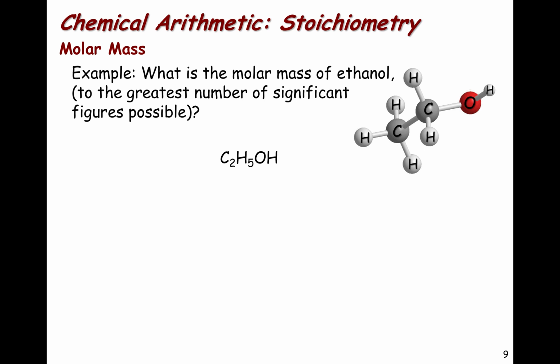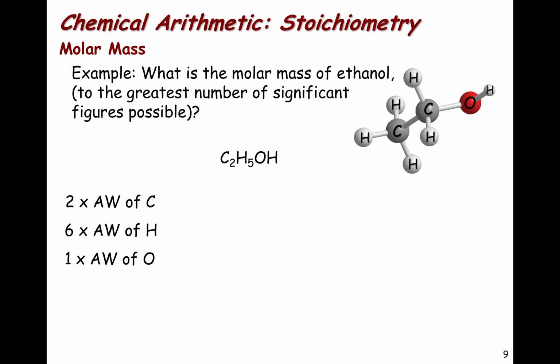We need to account for all of these atoms. There are several ways that we could do this. There are 2 carbons in the formula. We multiply that by the atomic mass of a carbon atom. There are a total of 6 hydrogen atoms, 5 from the hydrogens attached to carbon and 1 from the hydrogen attached to the oxygen.